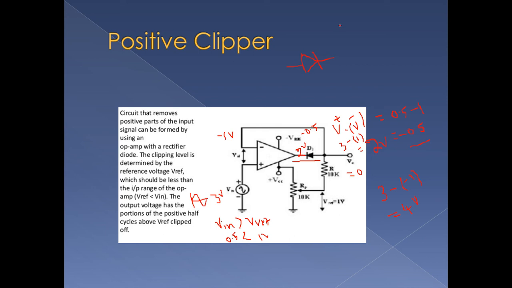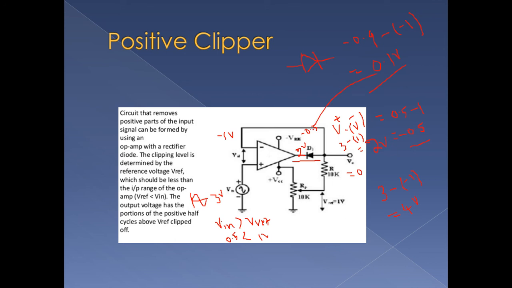So this is Vin greater than Vreference. Suppose Vin is less than Vreference, let's see what will happen. Consider Vin as minus 0.9 volt, and my reference voltage is minus 1 volt. So we will get plus 0.1 volt.